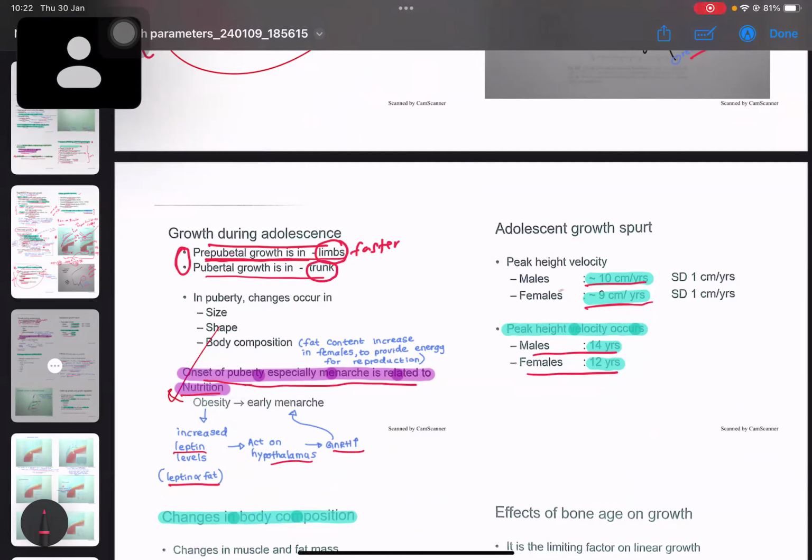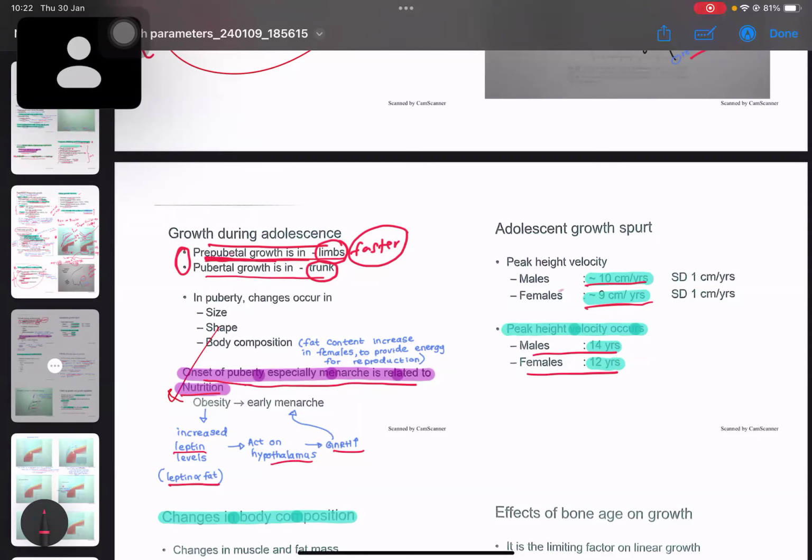Limb means our legs, and the trunk means our torso, our body, our spinal column. So our thorax, abdomen, our upper body. So during pre-pubertal age, our limbs will be lengthier than the upper body. The lower body will be lengthier than the upper body, because the limbs will be growing faster during pre-pubertal growth.